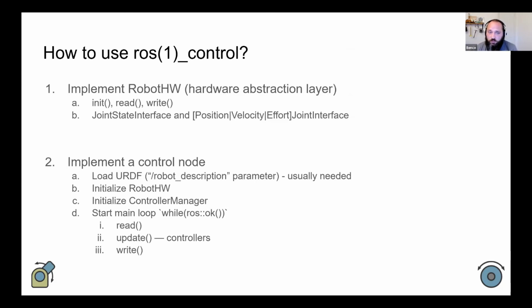The role of the read function, obviously, is to read all the data from your actual hardware, and the write function is to send all the commands to the hardware. The joint state interfaces, once again, encompass position, velocity, and effort state interfaces, and on top of this, the controllers could gain exclusive access to position, velocity, or effort command interfaces.